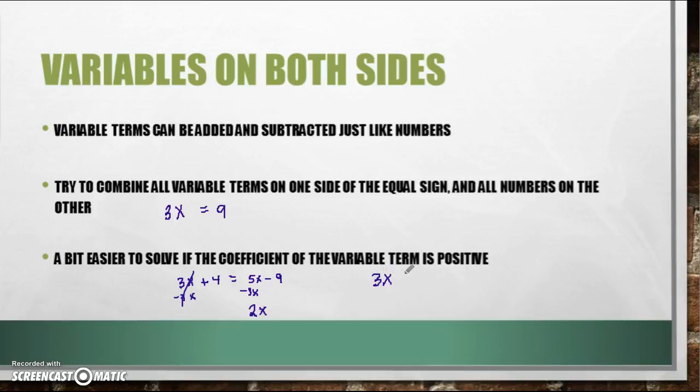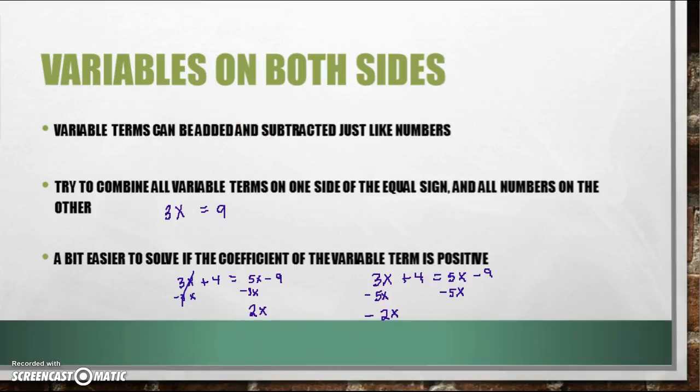If you combine like terms and you subtract the 5x from each side, 3x minus 5x, you would end up with a negative 2x. So a positive versus a negative. It's a little bit easier and you're less likely to make mistakes if you can combine variable terms so that it's positive on that side of the equal sign.